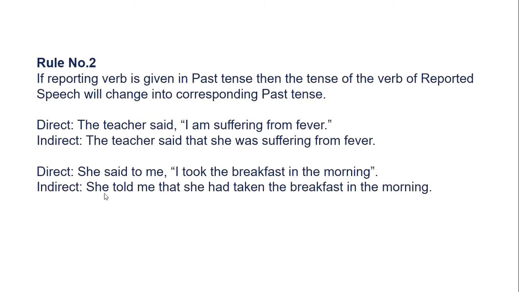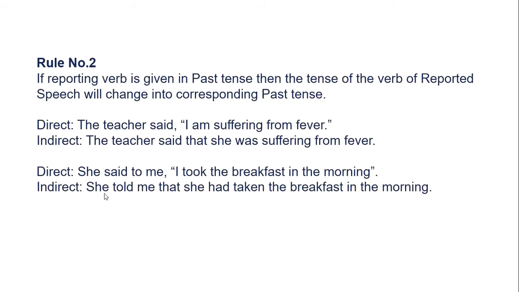Okay, now when the direct speech is in past indefinite tense, you have to make the sentence in past perfect tense while making indirect speech. See, "I took the breakfast" is changed to "she had taken the breakfast." "I took the breakfast" is past indefinite. "She had taken the breakfast" is past perfect. So let's read out the whole sentence.